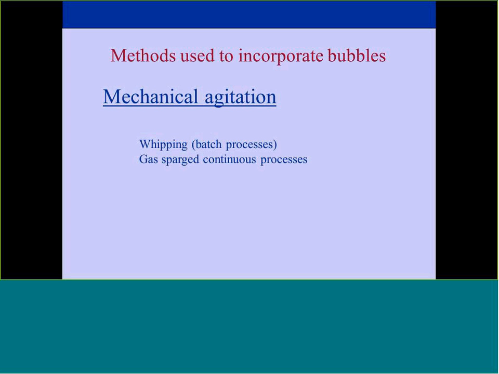Earlier, it was thought that hydrodynamics played an important role, but today we have established that it is mass transfer, that is absorption of gas and desorption of gas, which creates the foam. That is the reason why if you use different gases, you tend to get different types of foams.